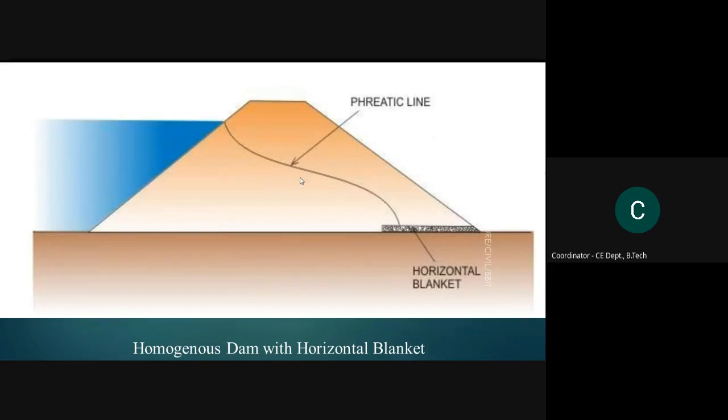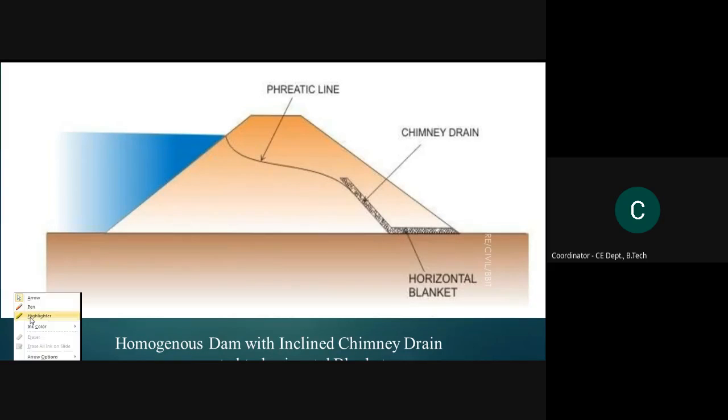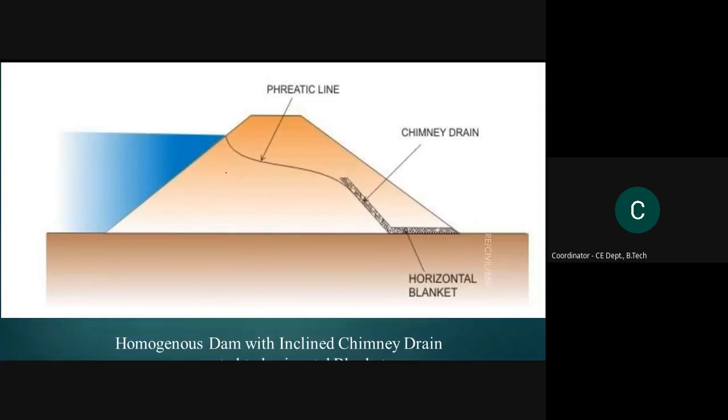Okay, so the next type of diagram is the drain to horizontal blanket. Here this is a homogeneous dam, meaning all the materials in the dam are considered to be uniform and homogeneous.